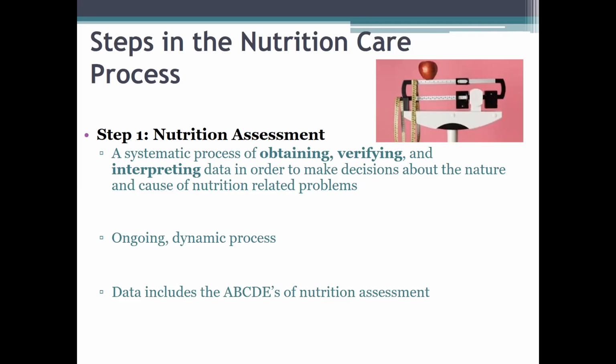D is easy. D is for diet. So whatever assessment data you have about their eating and drinking habits. E is very broad. So E stands for environment, which includes so many things that might be related to nutrition, like one's ability to purchase food, so their economic situation.